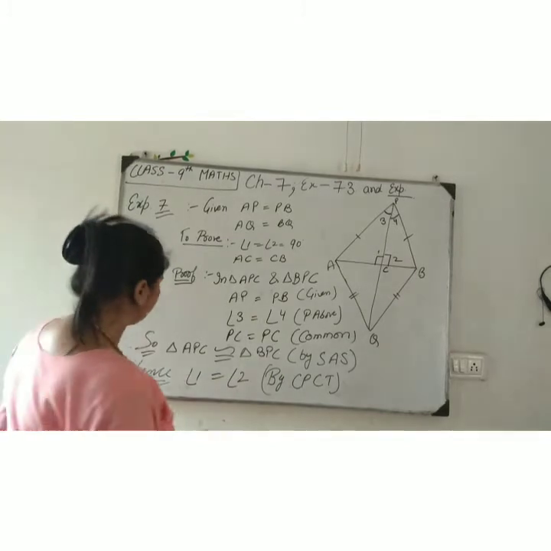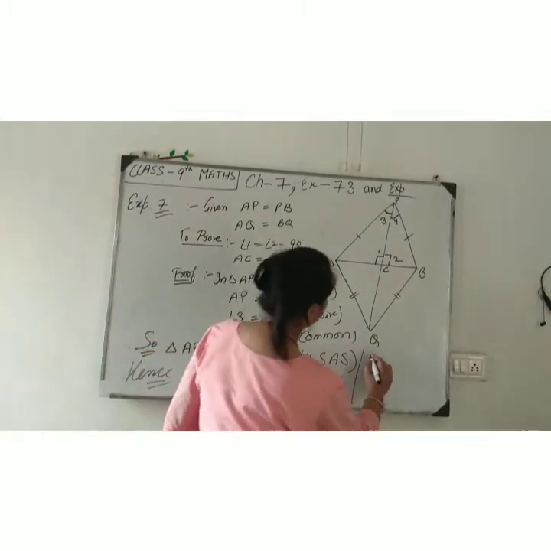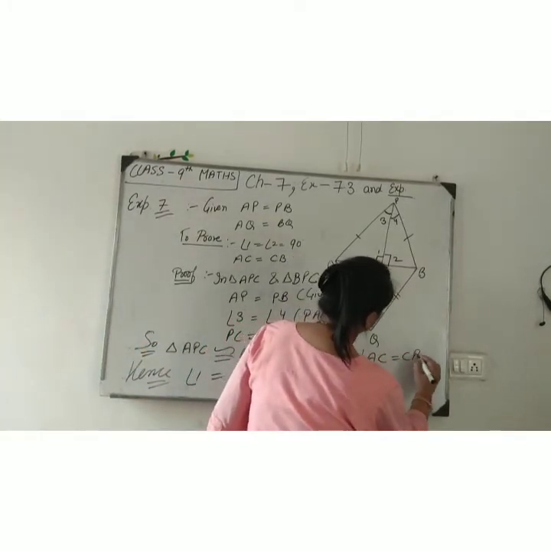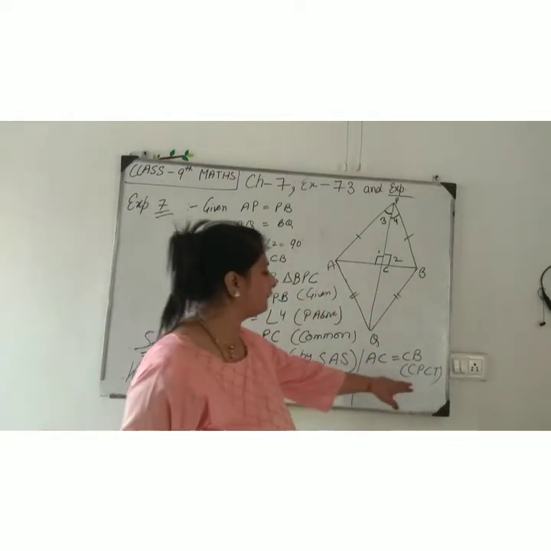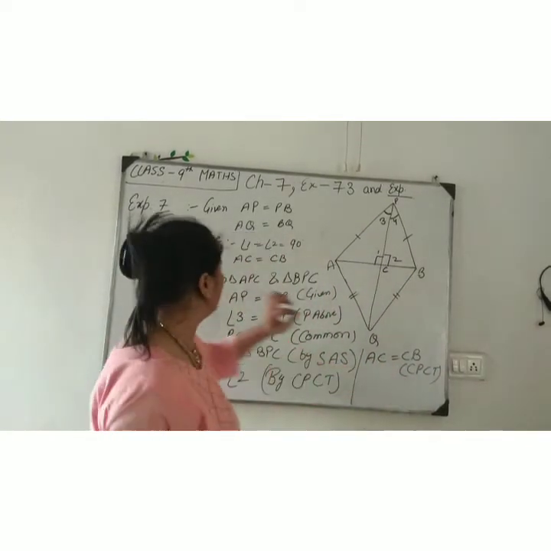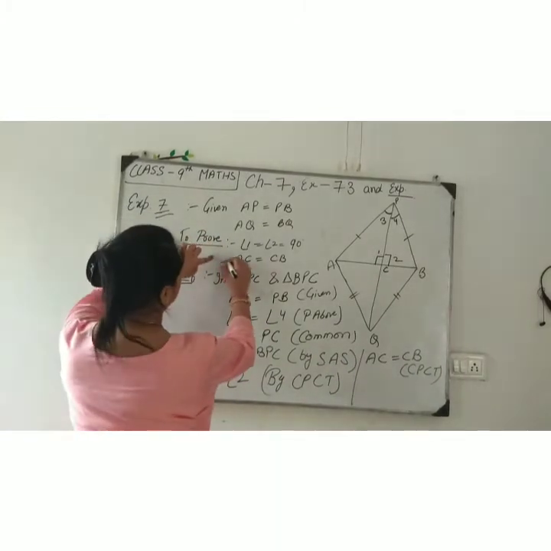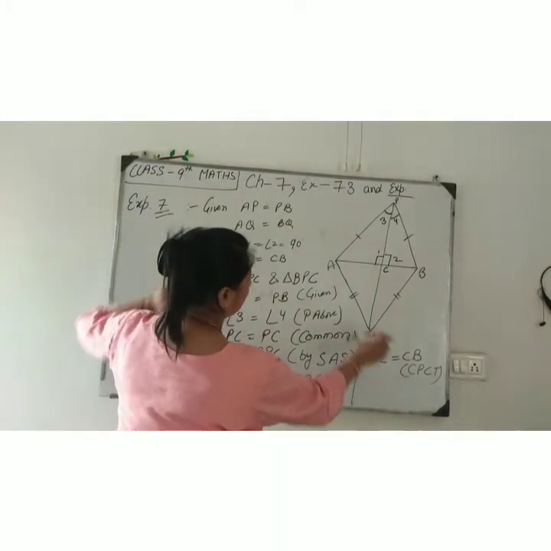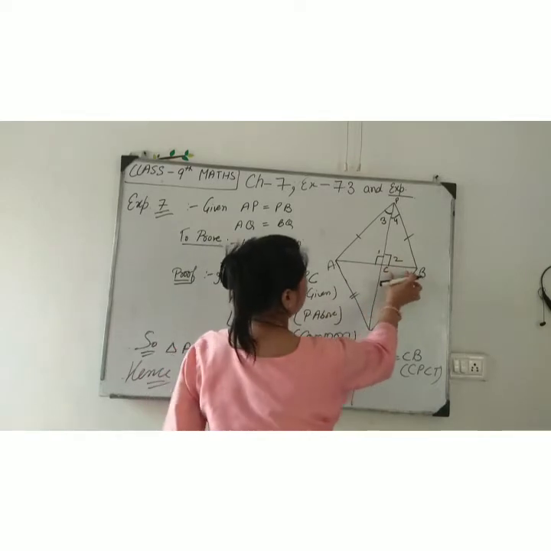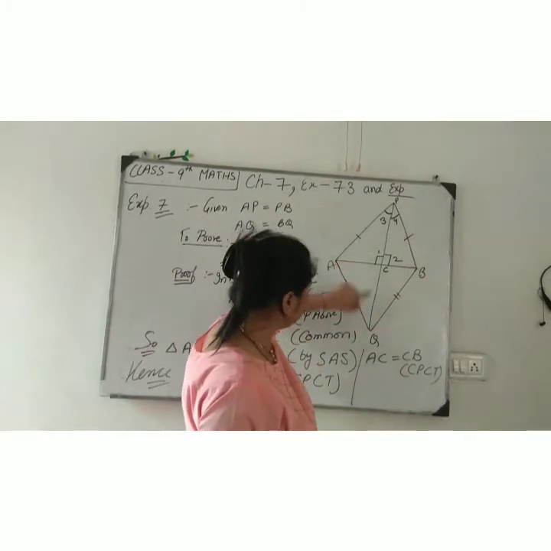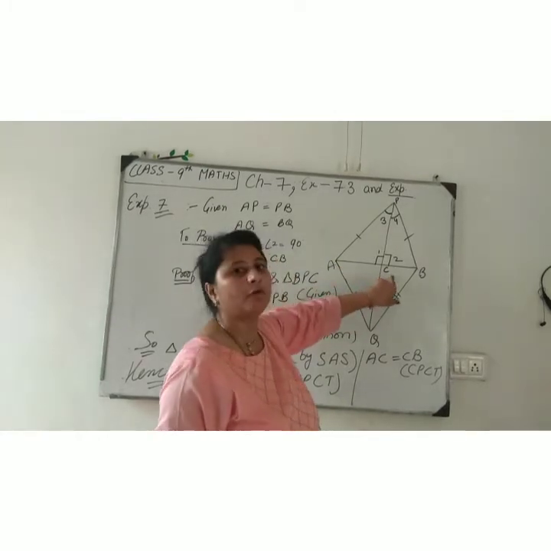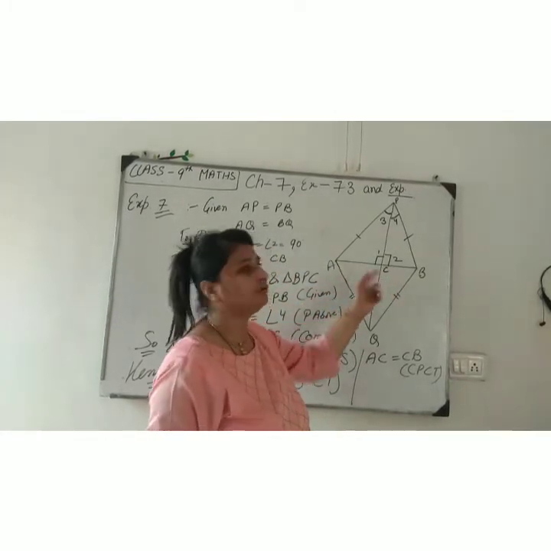And secondly, what do you write here? AC equal to CB. Reason: CPCT, corresponding parts of congruent triangles are equal. It means I have done this part. Clear? It means AC equal to CB. It means this line PQ is a bisector of AB because it divides it into two equal parts.